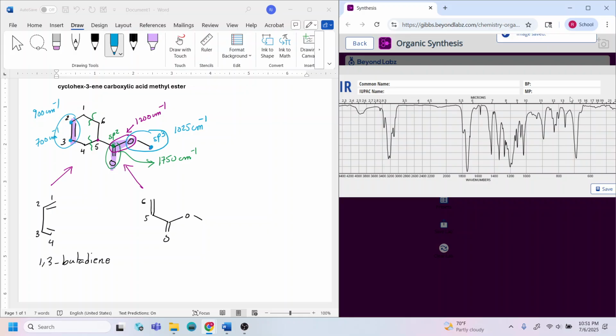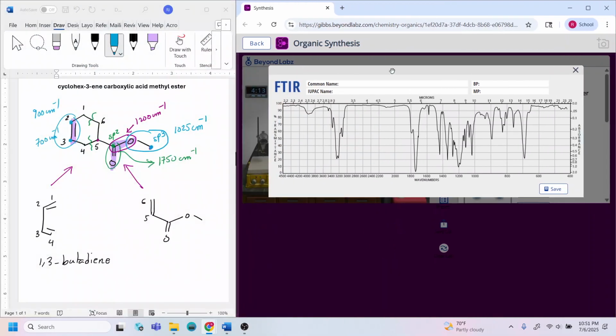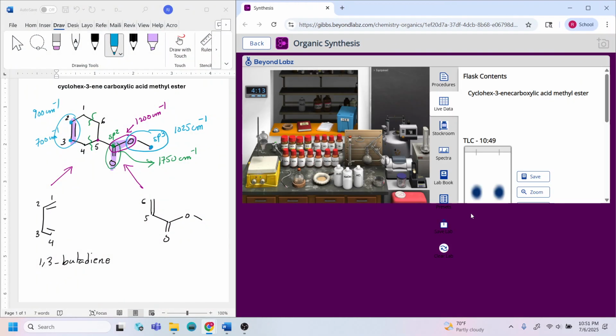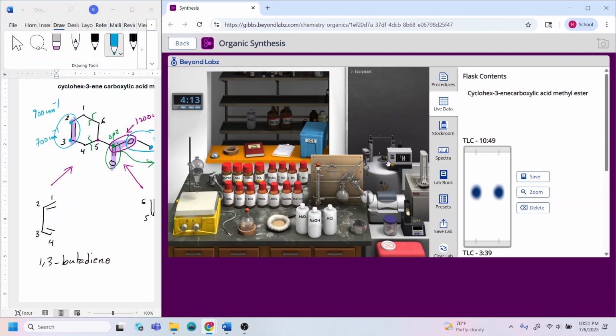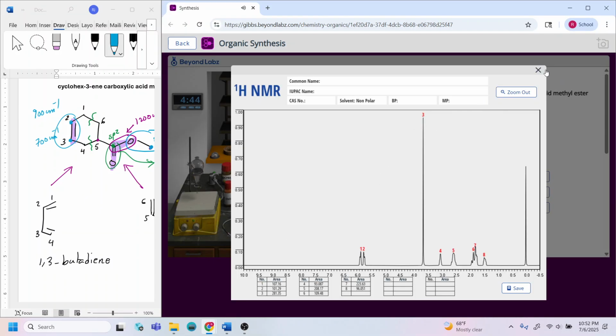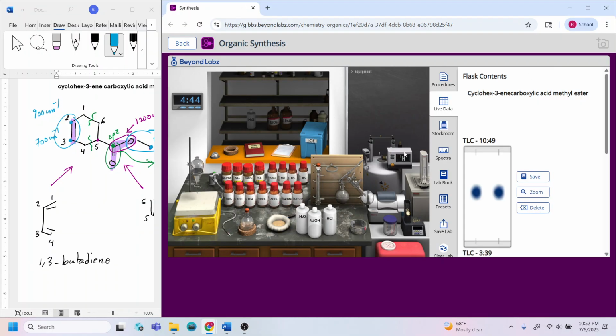You're going to save that, and after we save it, let's go ahead and close it. And after we close, let's do the proton NMR. Oh, by the way, when I do the proton NMR, just make sure that it is hydrogen NMR and not carbon-13, okay?